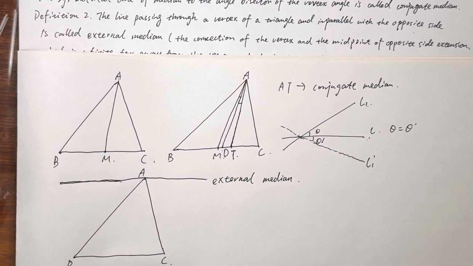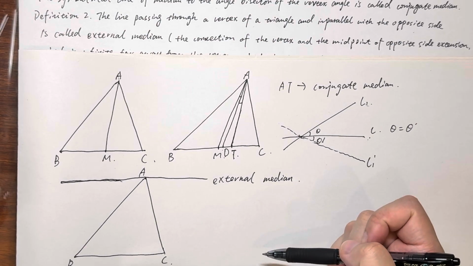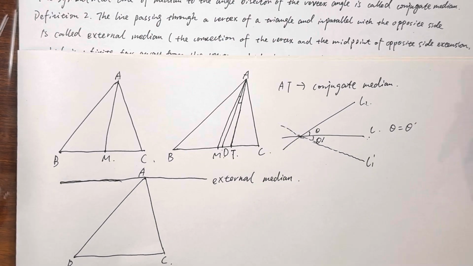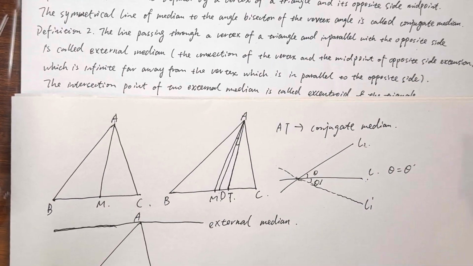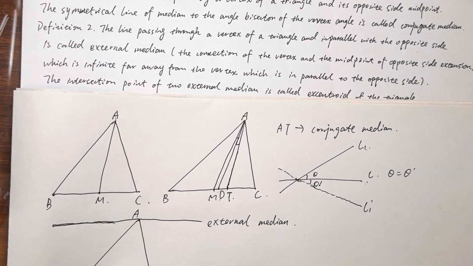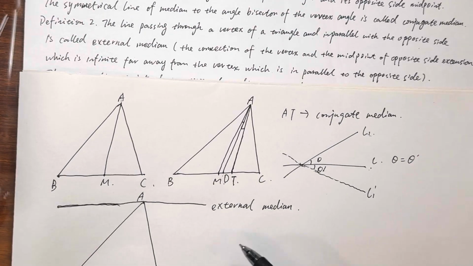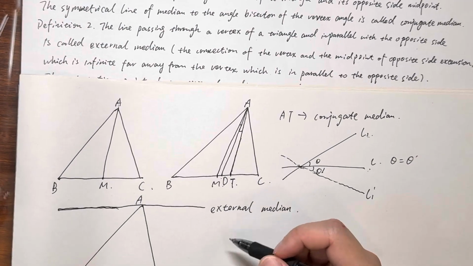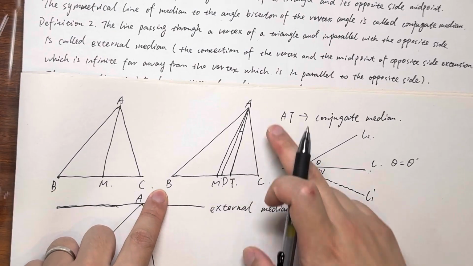Now the question is why we can call it a median. I know here we give the definition as this one, but we have to come up with some reasons that we can give this definition. We cannot force a definition on it. So think about the problem like this. Think about how we get the median.